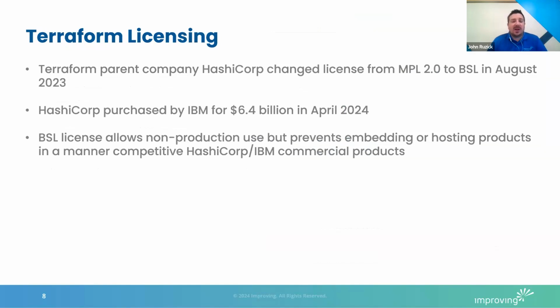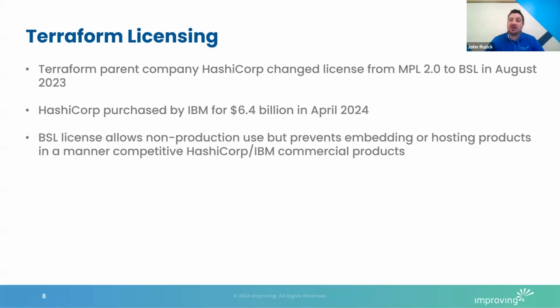So I want to address one recent elephant in the room with Terraform, and that's been some license changes. Terraform historically under HashiCorp was free and open source under the Mozilla license up until August of last year, where they switched to the BSL license. The BSL license is still permissive, but prevents embedding or hosting Terraform in products that compete directly with Terraform.